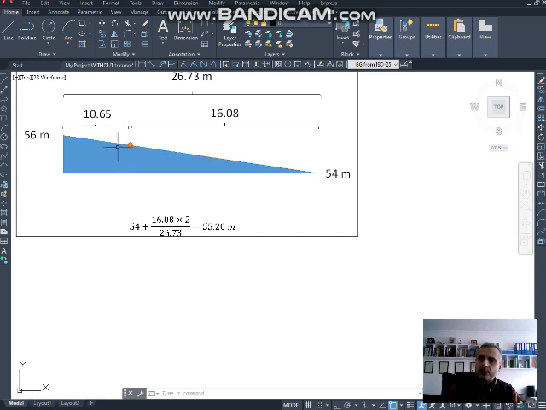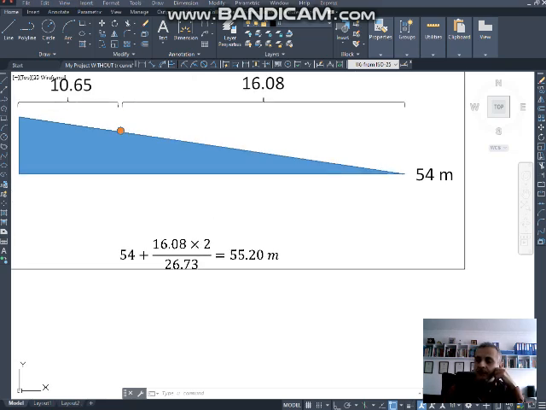If it is closer to the higher elevation contour line, it is more than 55 meters. If it is closer to the lower elevation contour line, it is less than 55 meters. So it's just a basic ratio of this right angle triangle. Therefore 55.20 is the elevation of this red line.